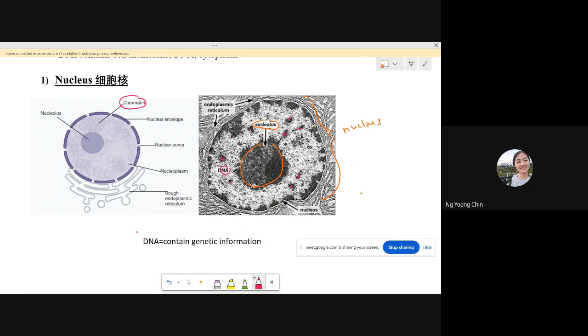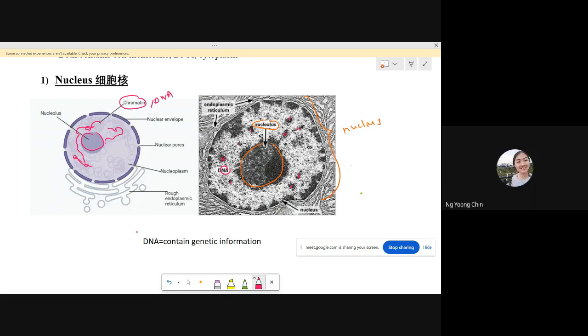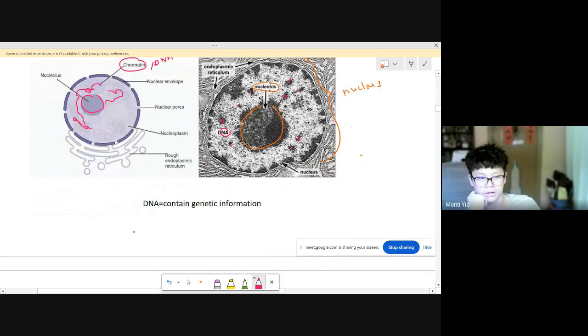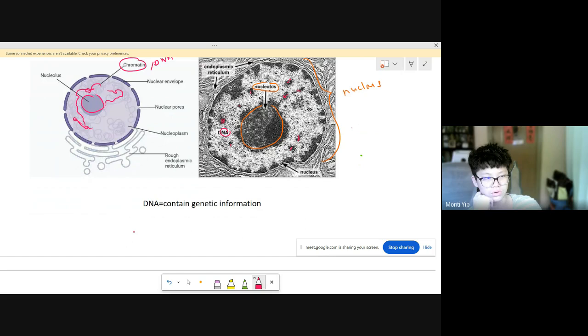Then outside, you can see, this is actually what we call the diagram. So you can see inside the nucleus and outside there are a lot of long strands. Actually those are the DNA or chromatin. So actually your DNA is a long strand. You learned about DNA before, right? How many strands in DNA? One strand or two strands?